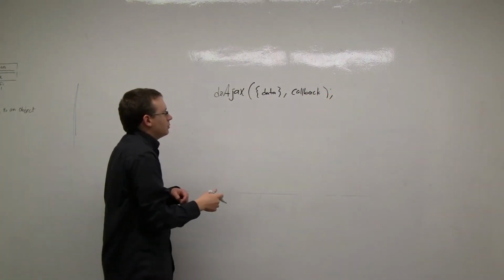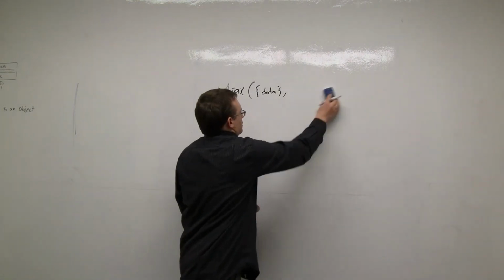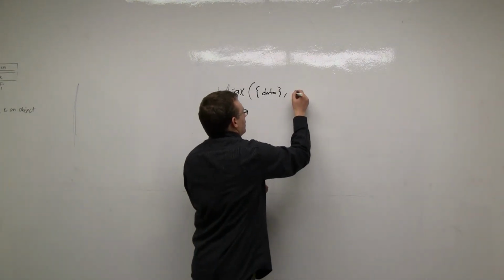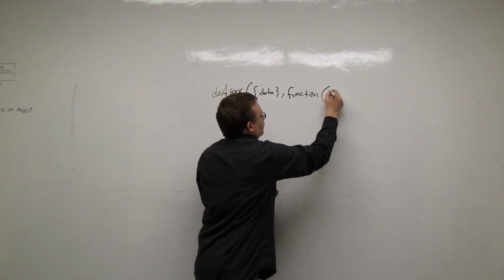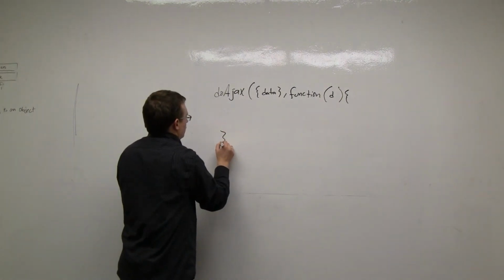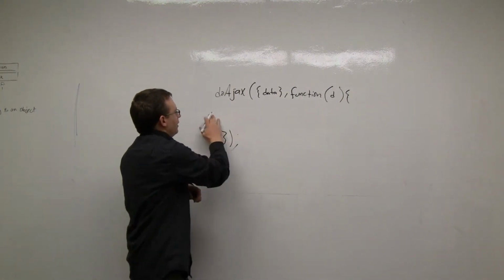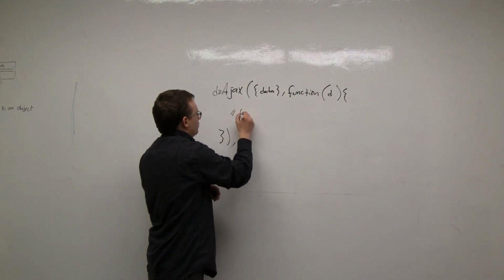You've probably seen this pattern before, but this callback is just a function, so we'll just save some time here and say function D, and then do whatever we want with when that's done with the D.